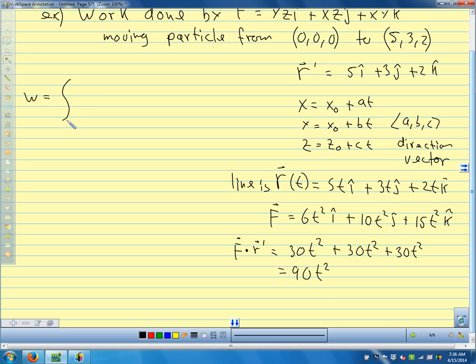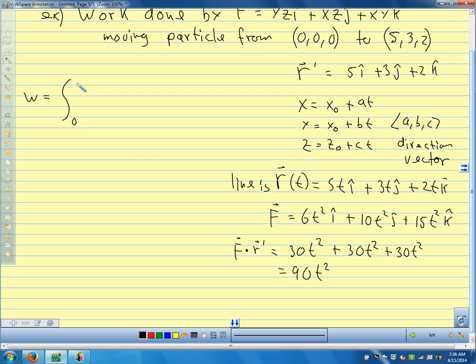So my integral, so the work, is going to be the integral from, and I need my limits of integration. As we move from 0, 0, 0 to 5, 3, 2, t varies from what to what along r? 0 to 1.